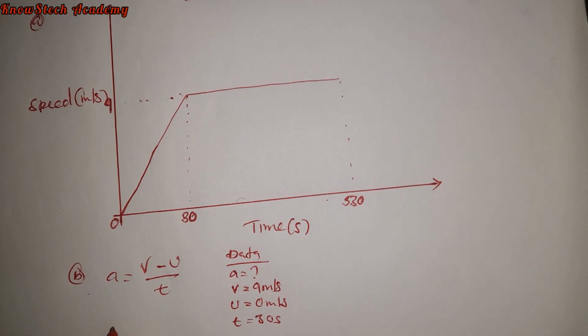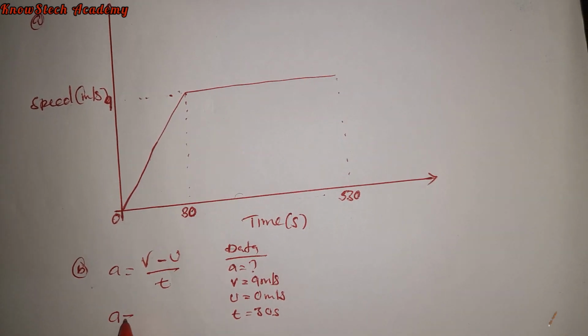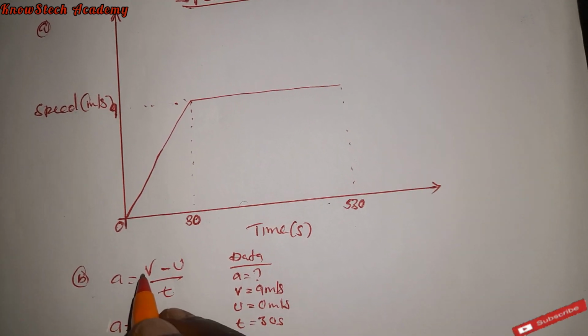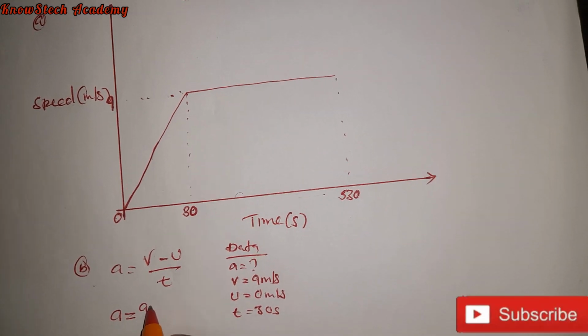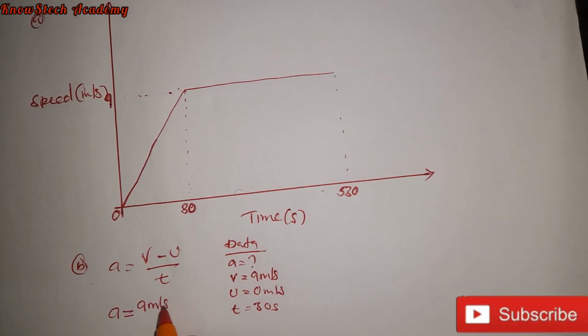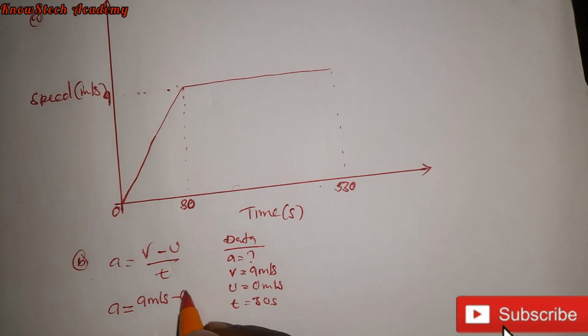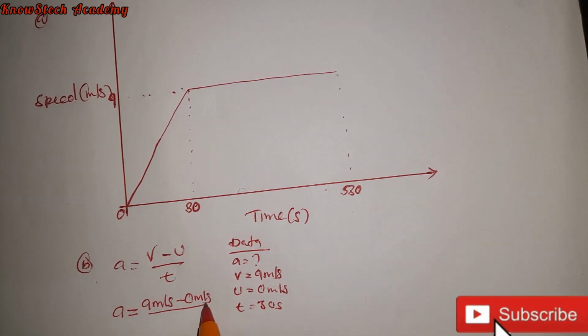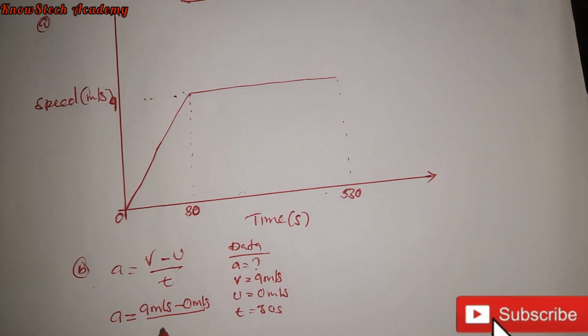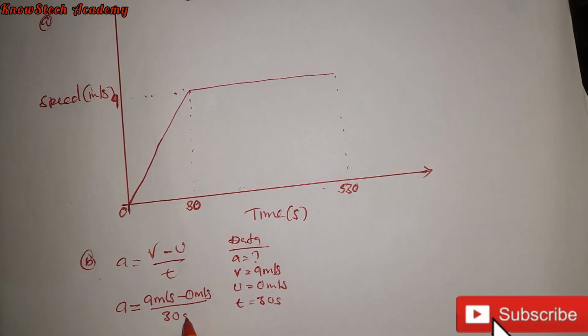Then you substitute in the formula. Acceleration is equal to 9 meters per second minus 0 meters per second over 30 seconds.